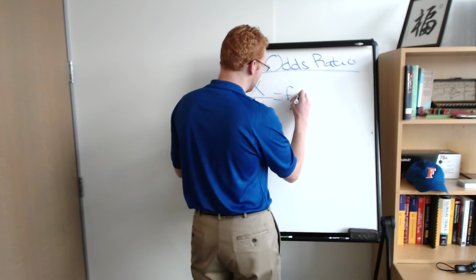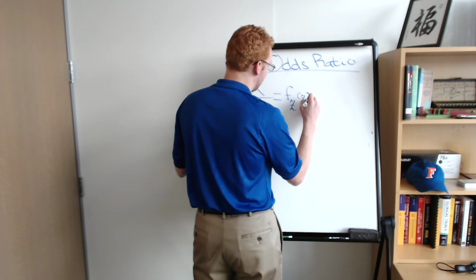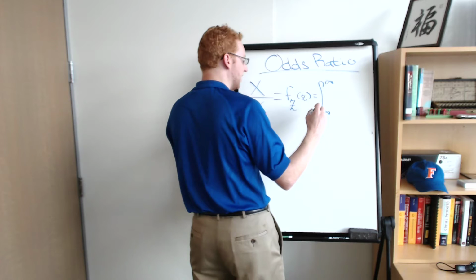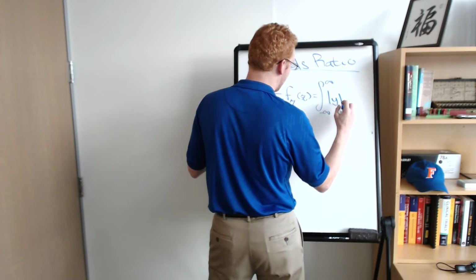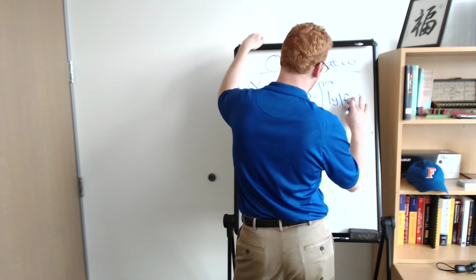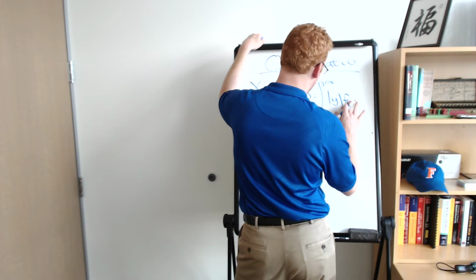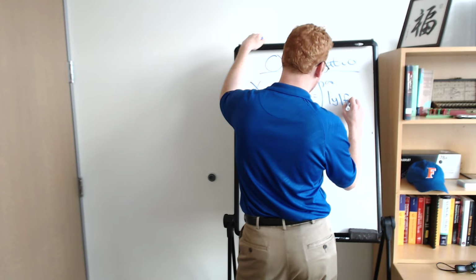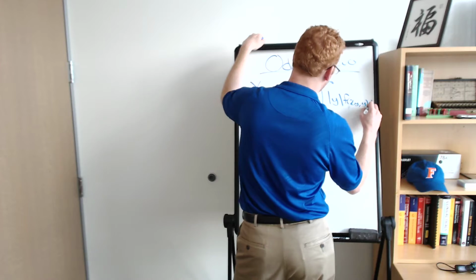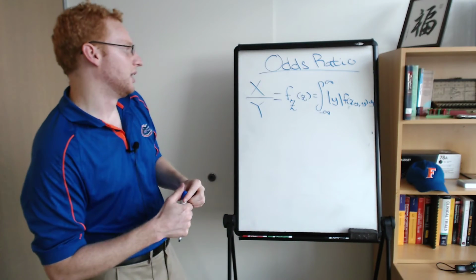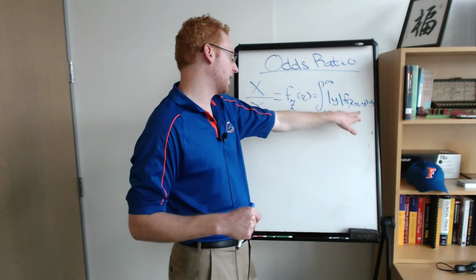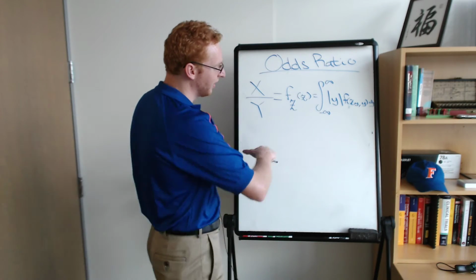F sub z of z is equal to the integral from negative infinity to infinity of the absolute value of y times f of zy, y dy. I think it's either zy, y dy or zx, x dx. I don't remember. I have to look it up.